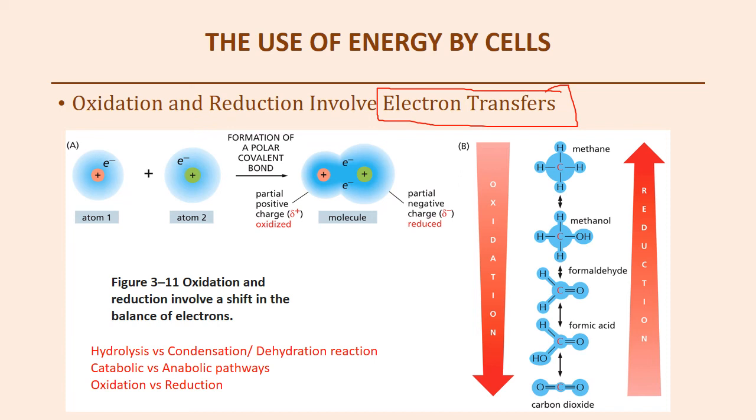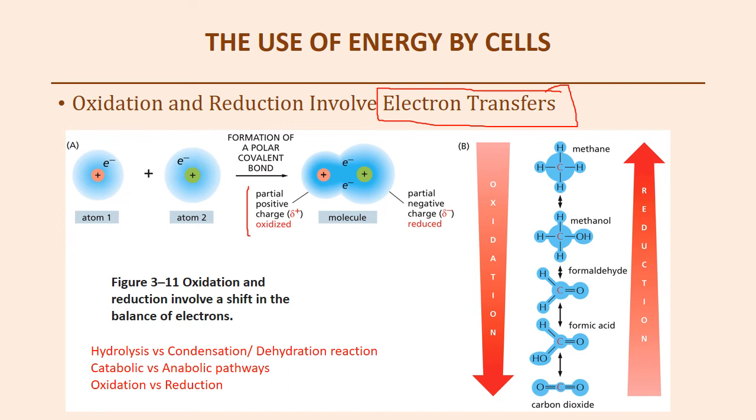Oxidation refers to the release, or the losing, of an electron. Reduction is about the gaining of the electron. Within a molecule, when two atoms interact, one of them will go through oxidation, meaning it releases the electron.